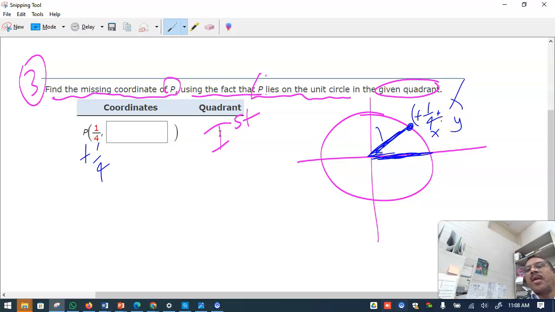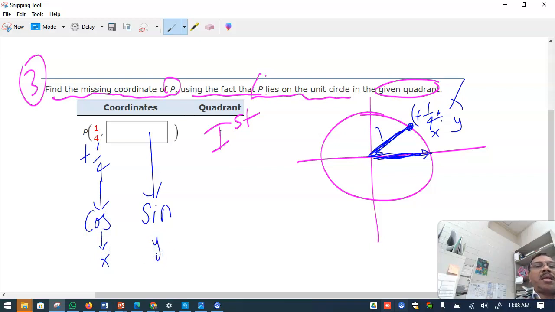So two different ways you can do it. You can remember this basically by definition. This is cosine and this is sine, right? So cosine is always the x and sine is always the y.